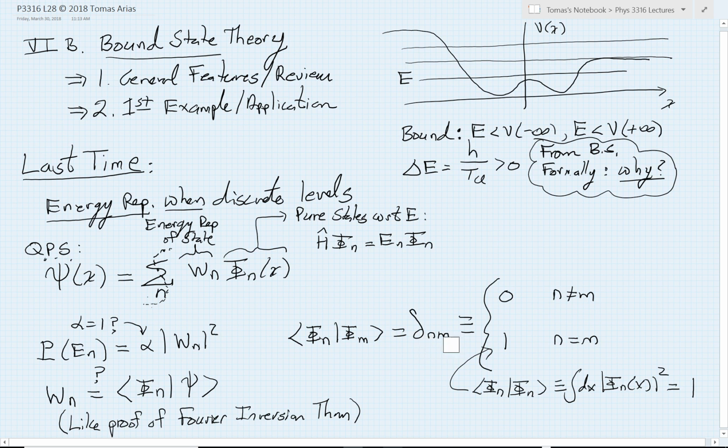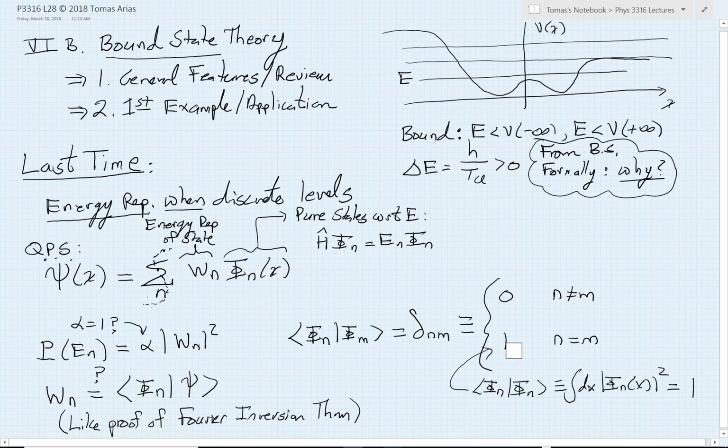And this delta nm has this very precise definition that if n is not equal to m, I get 0. This is because pure states of any observable have to be orthogonal to one another, which was a theorem that we had proved actually on an assignment earlier on in the course. And in the case where n equals m, we actually get the number 1.